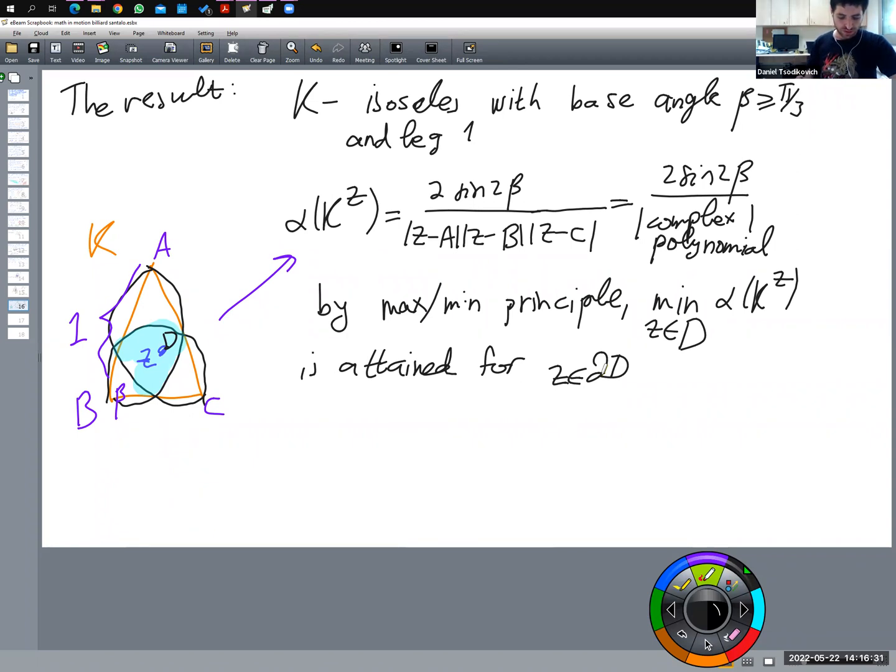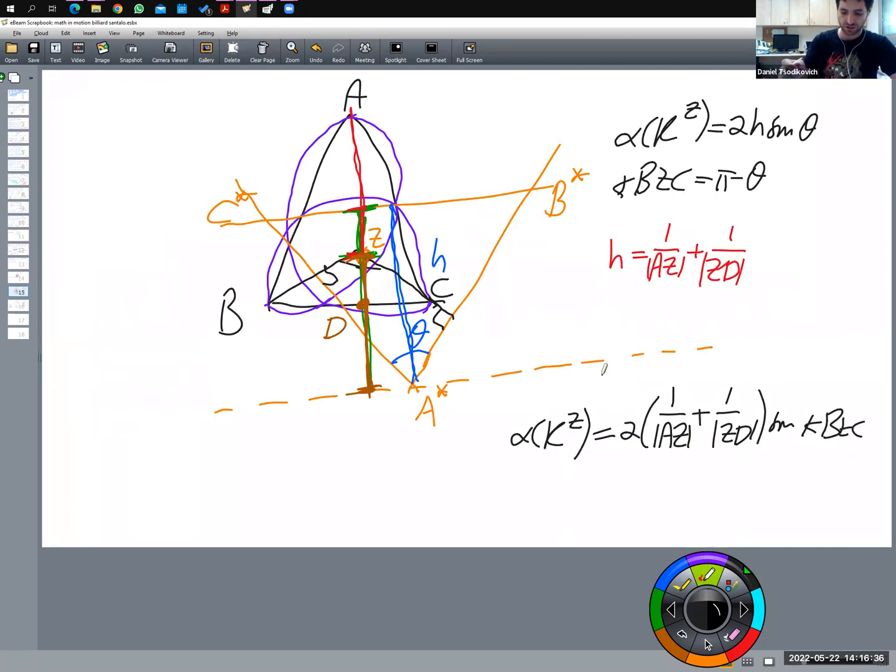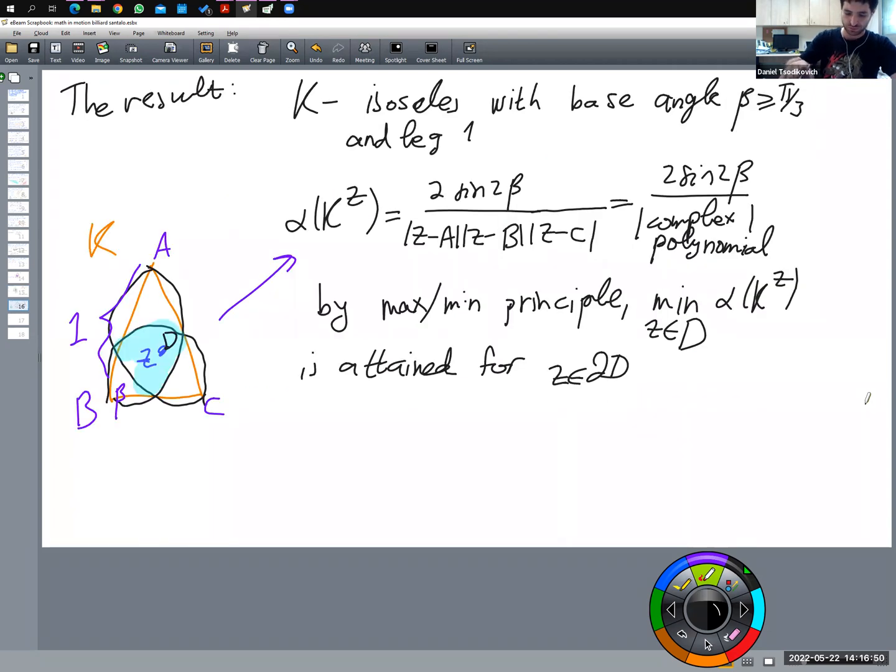And that's easy to analyze because at the boundary of D, this angle is just pi over 2. I'll go back to the previous thing. Then angle BZC at the boundary is always pi over 2. So for z in the boundary, if it's on this arc.